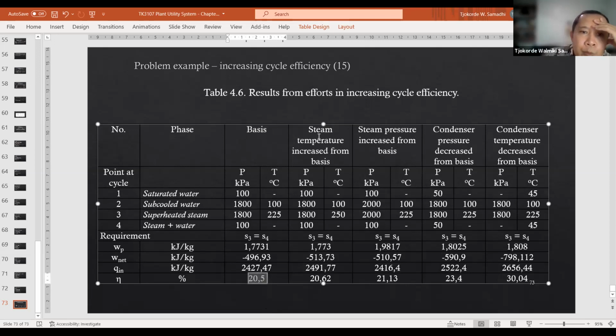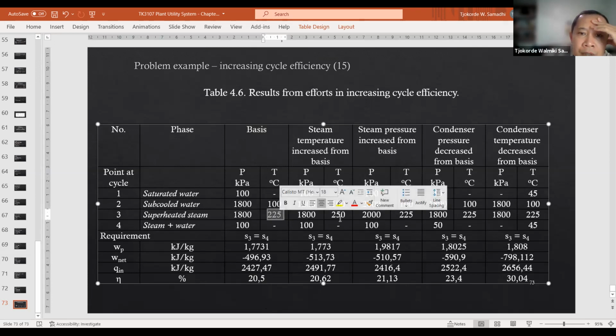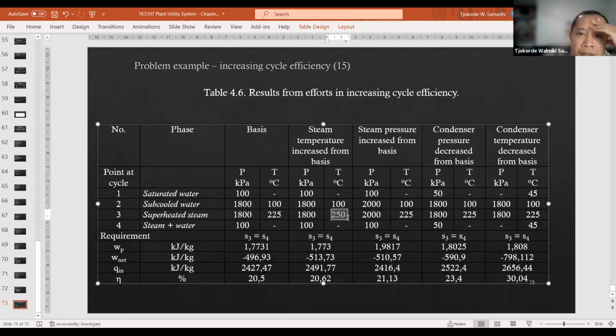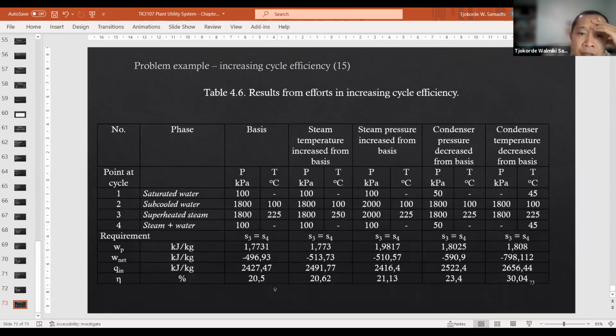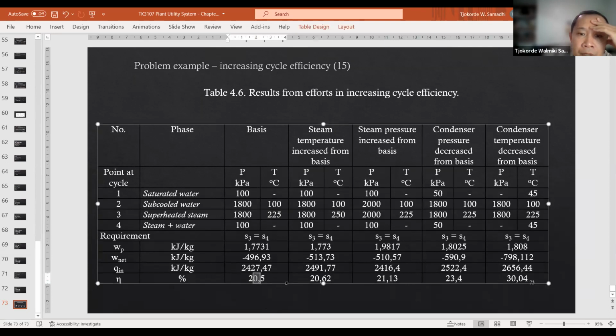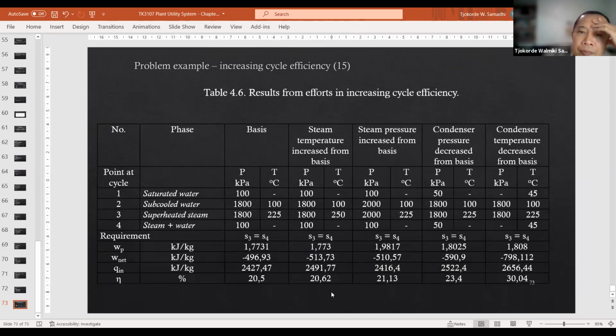And then when we increase the steam temperature from 225 degrees Celsius to 250 degrees Celsius, then the cycle efficiency is increased from 20.5 to 20.6%. Okay, this one here. You can follow the calculation from the previous pages.